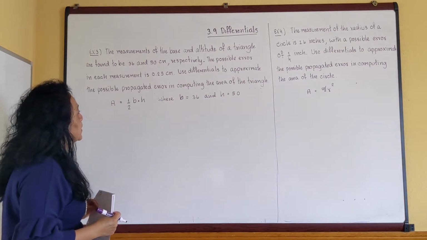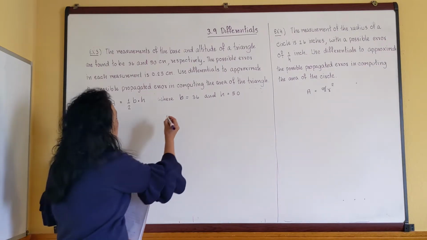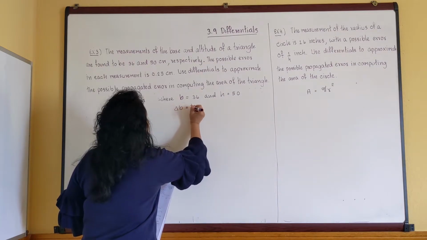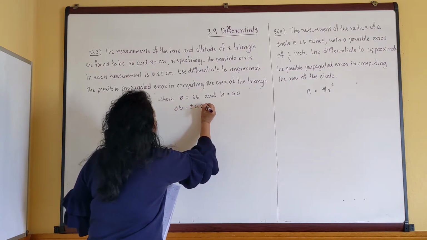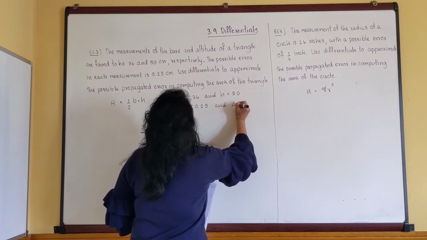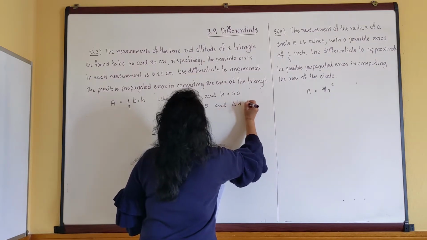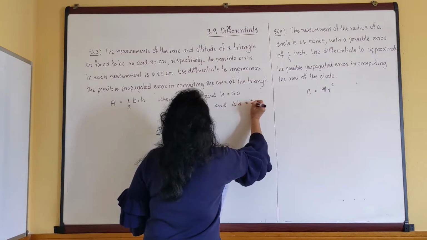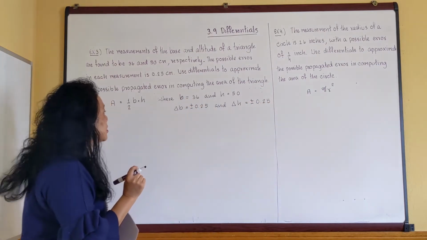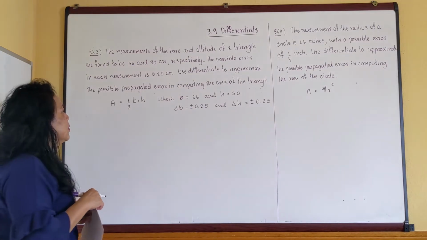Alright, the possible error in each measurement. So an error of the base can be plus or minus 0.25, and for the height would be plus or minus 0.25. So the measurement is off by 0.25, either a little bit bigger or a little bit smaller.